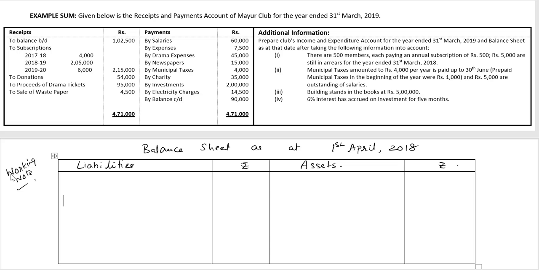The first point says there are 500 members, each paying an annual subscription of Rs 500. So the amount of 500 into 500 is income from subscriptions to be credited to the income and expenditure account. It's also said that Rs 5,000 are still in arrears for the year ended 31st March 2018. So at the end of the current year, we have Rs 5,000 pertaining to the previous year still outstanding.